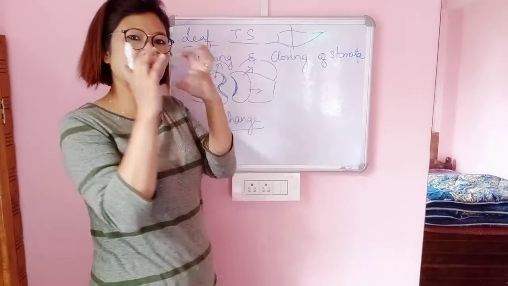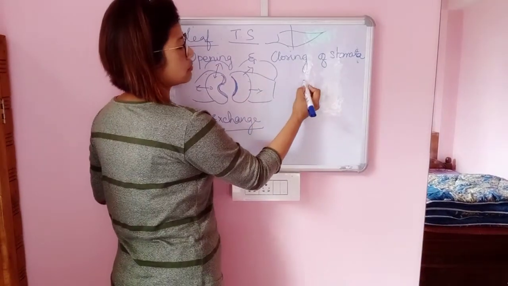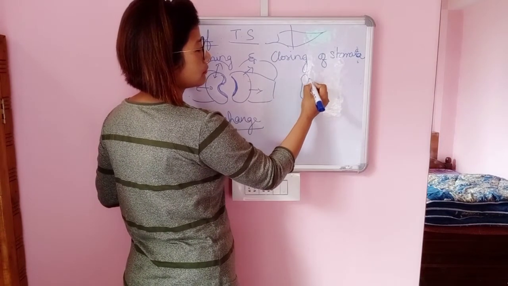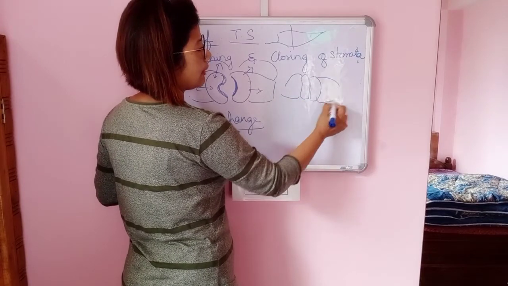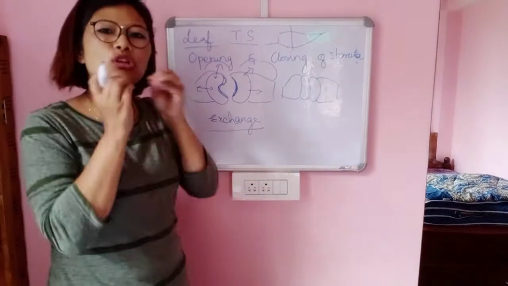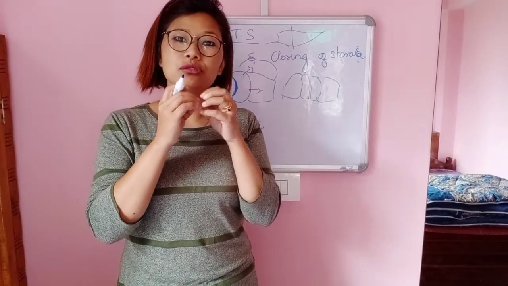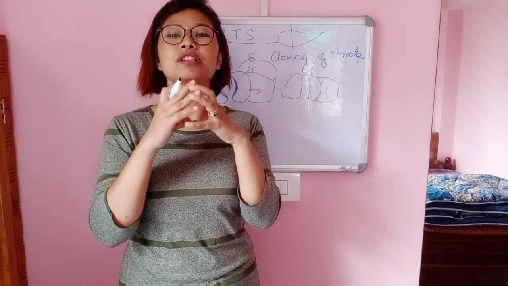When they become flaccid, the guard cells come closer, and then there is closing of stomata. So it is the guard cells that help in opening and closing of stomata.